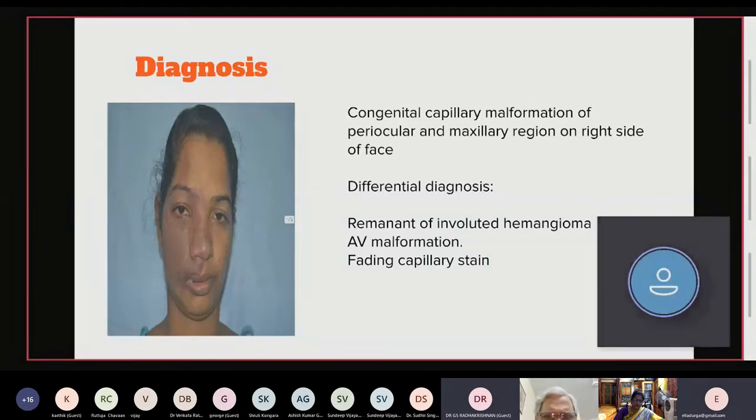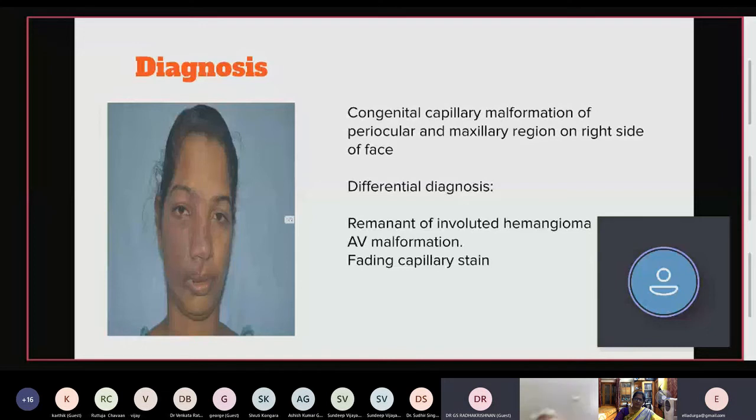That's why we have chosen this one. What do you call this in laser parlance? Photothermolysis is more effective with this one, sir.